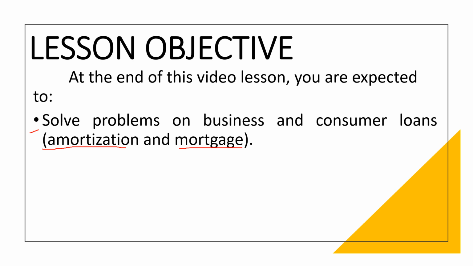We need to satisfy the following condition: the conveyance of title becomes void upon the payment of the debt. So that is how we define amortization and mortgage.